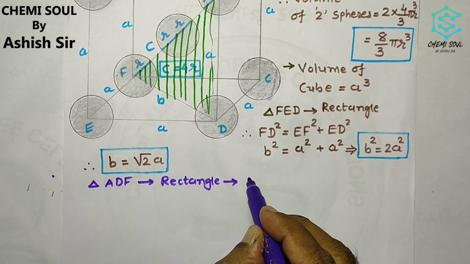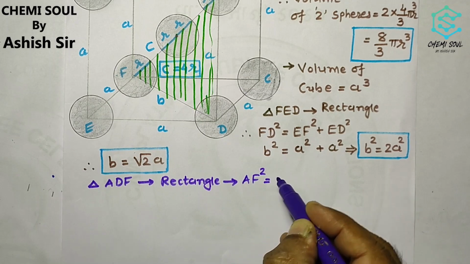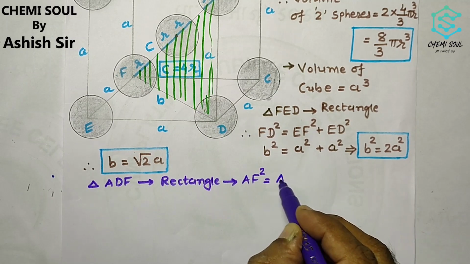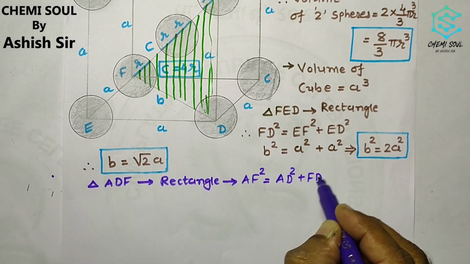The formula is AF square is equal to AD square plus FD square.